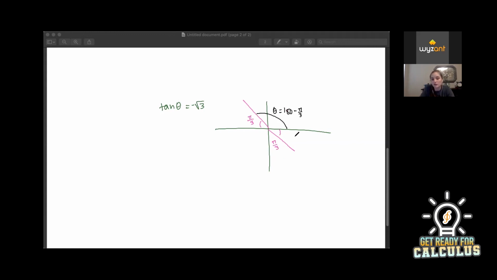So that's going to be 2 pi thirds. And then for this one, it would be 2 pi minus pi thirds, which is the same thing as 6 thirds minus 1 third, so it's 5 pi over 3. And those are our two angles. If we wanted more general equations, we could say plus 2 pi k for each.